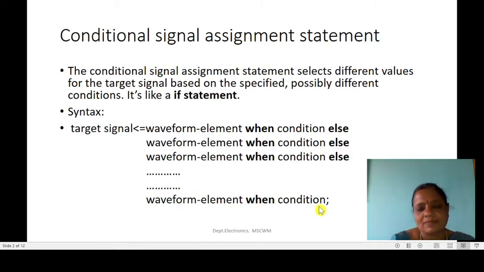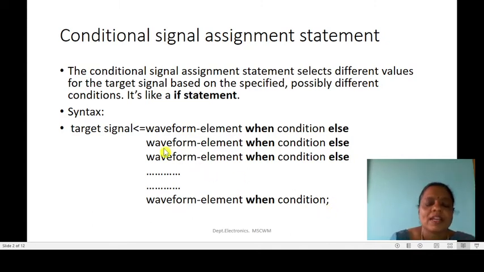when condition. Okay, and what are the points you have to remember? There is no semicolon here. Remember that there is no semicolon for each and every waveform element in the conditional signal assignment statement. Only for the final statement you are going to get the semicolon.